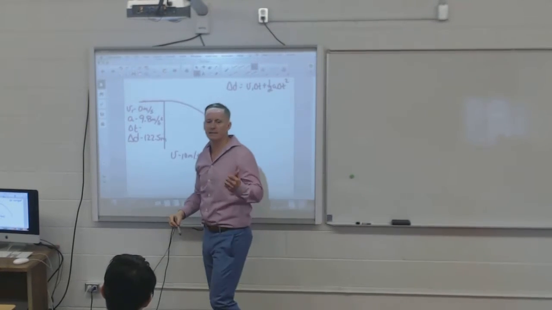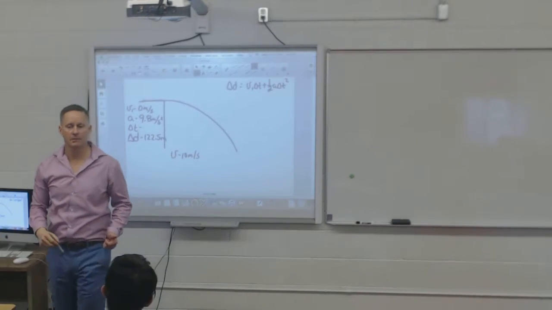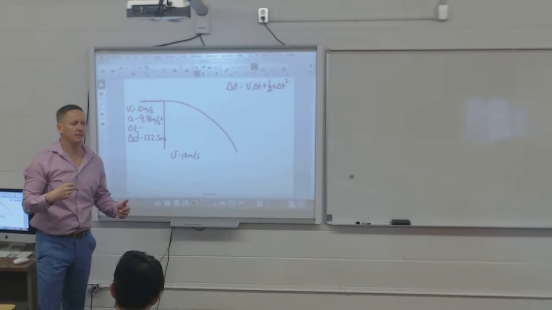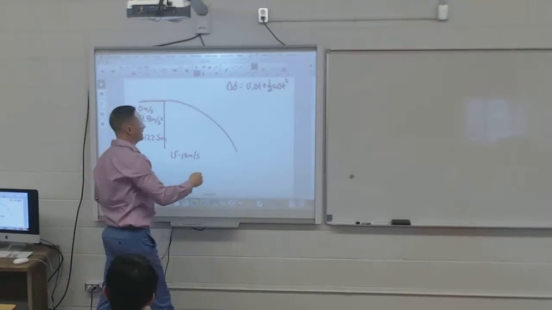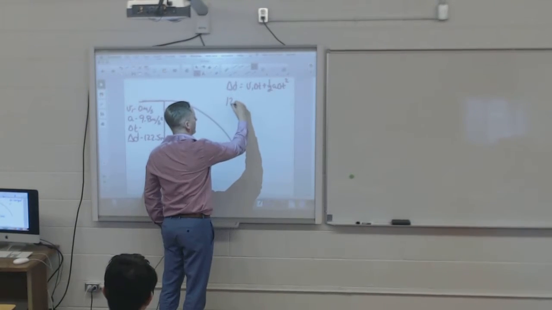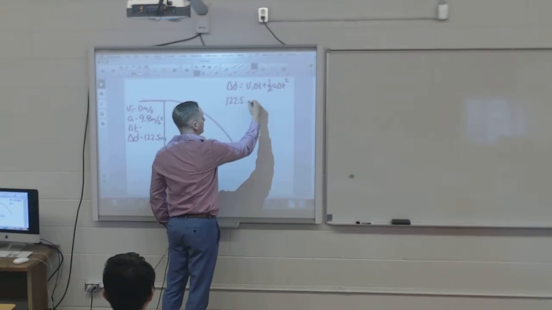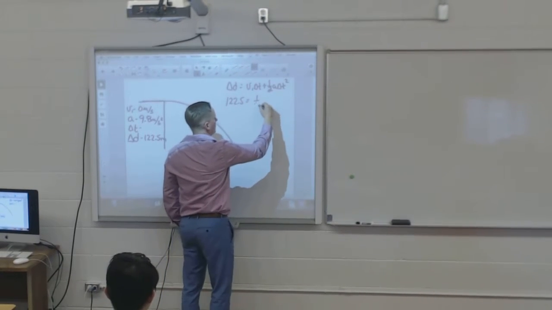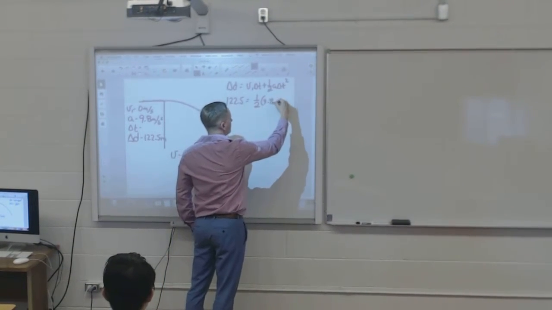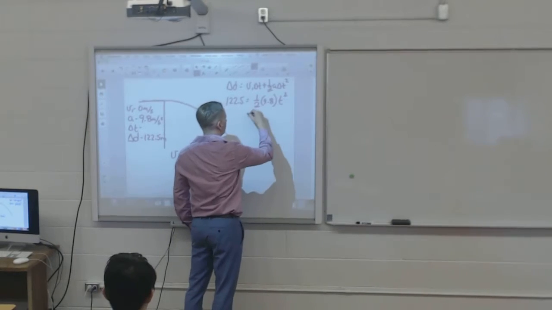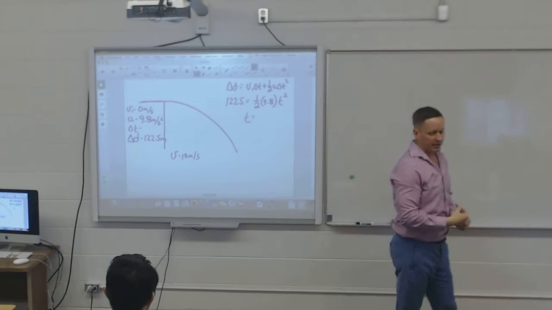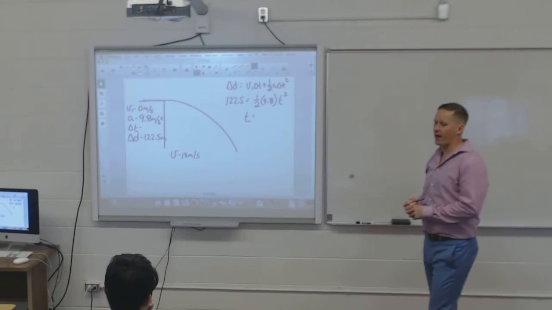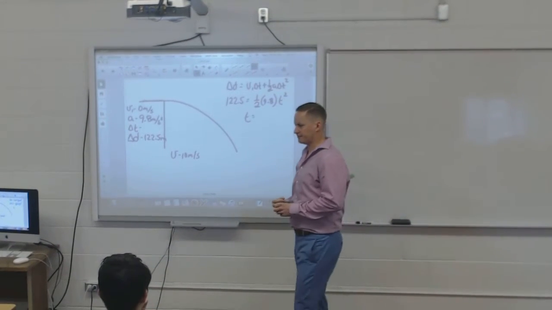So again, we're back to these equations. I told you at the start of the year, these 5 equations are going to keep reappearing as the year goes. They're doing it again. So I have 122.5 equals 0, plus 1/2 times 9.8 times T squared. My time is the square root of 122.5 divided by 4.9.